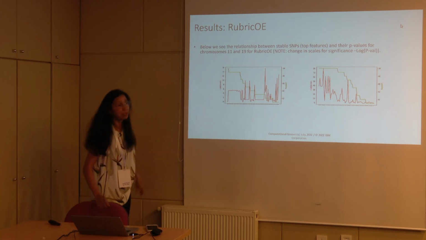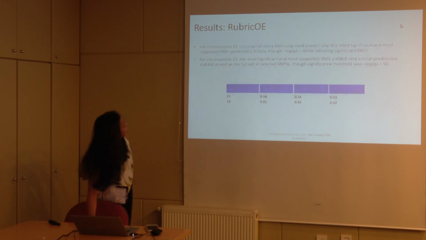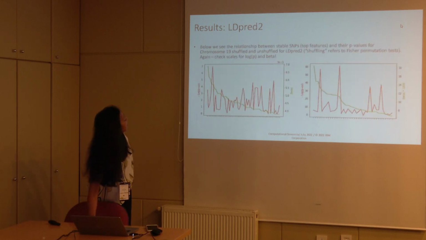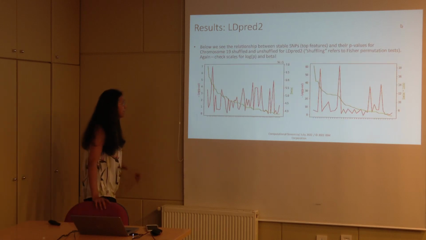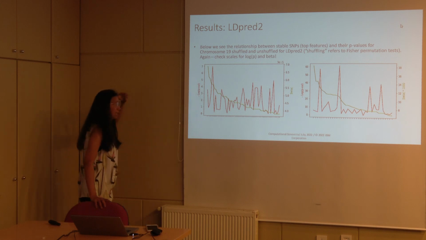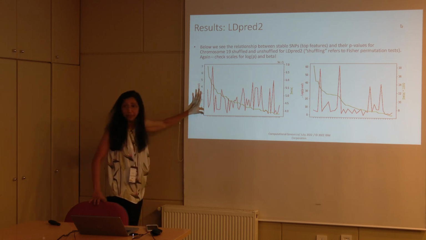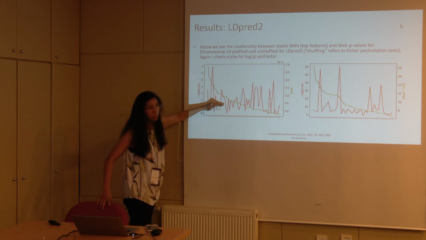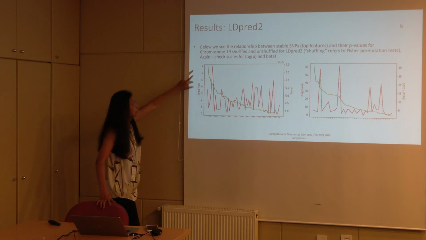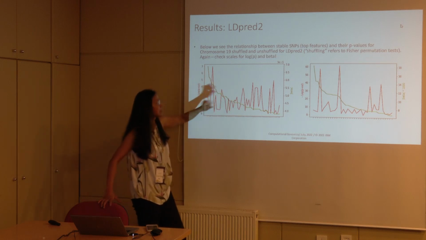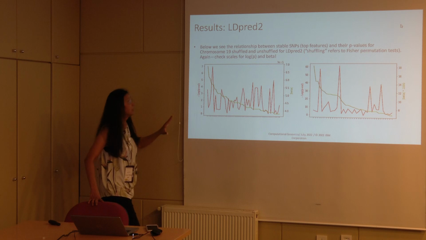So this is for RubricOE, and I will quickly go to the result from LD-Pred2. For LD-Pred2, this is our interpretation, again the figure is the same. You are comparing the p-value with the support score. Now the support score is coming from LD-Pred2 here.